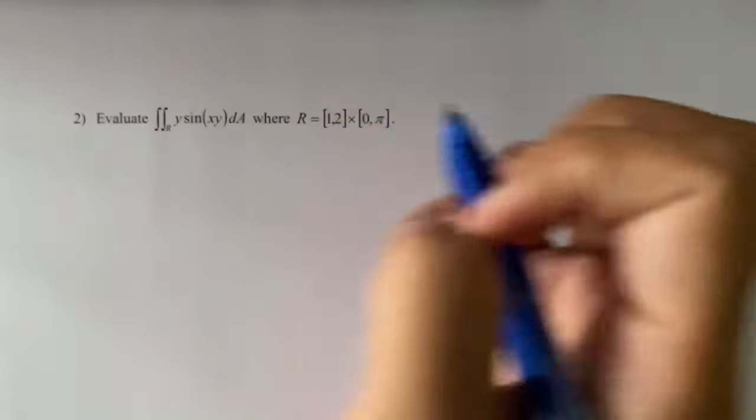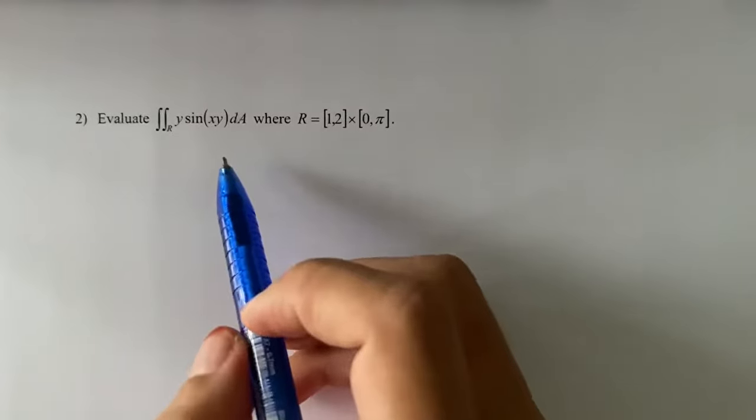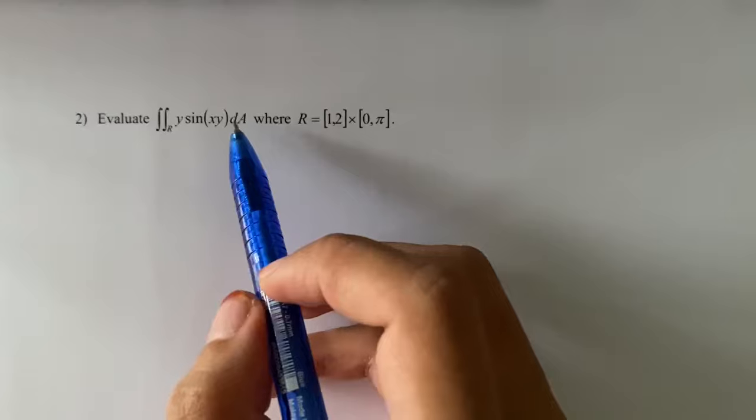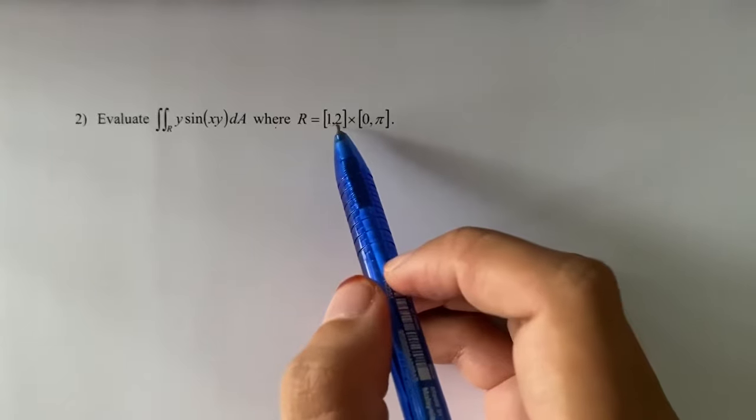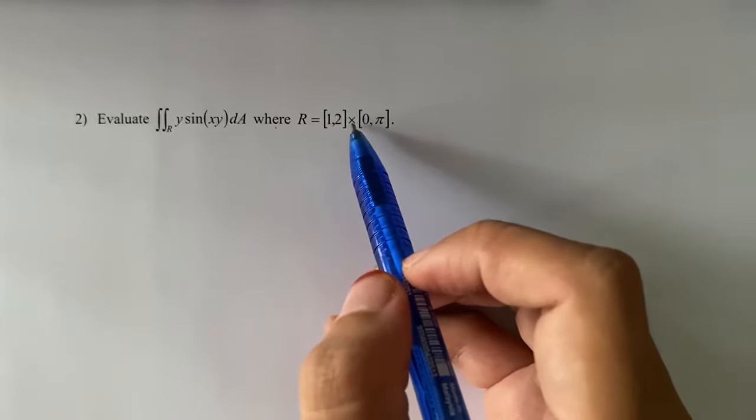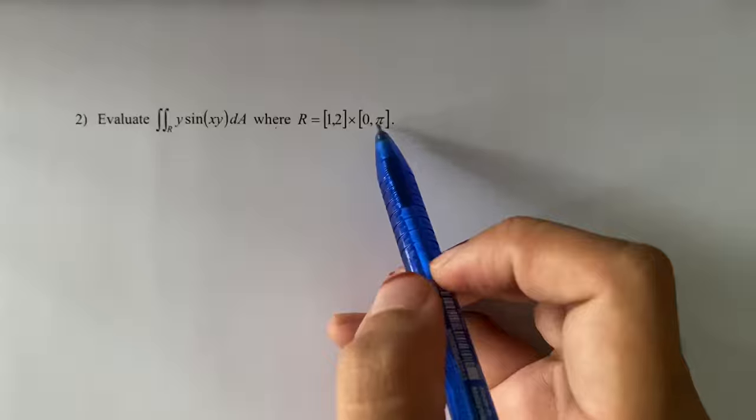Second example, when you have this double integration of y sin xy dA, where R is equal to [1,2] cross [0,pi].